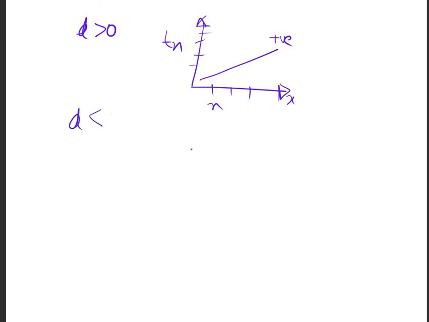And if your d is less than 0, you get a negative slope straight line. You get a linear curve, because it is an addition, and that remains constant. Here you've got n, and you've got t_n. This is, in a nutshell, what an arithmetic sequence is.